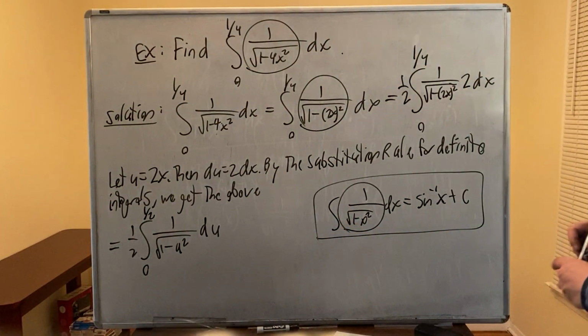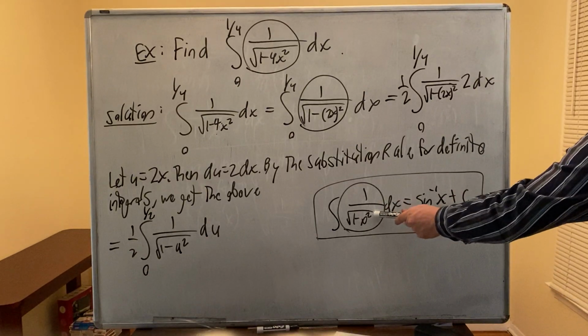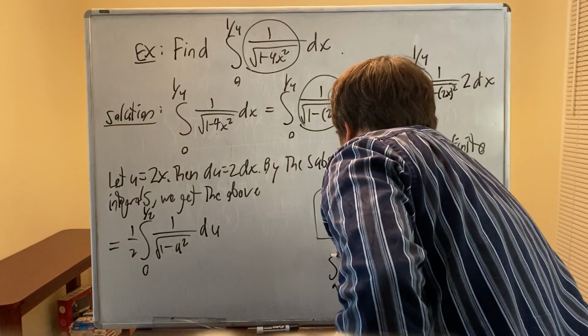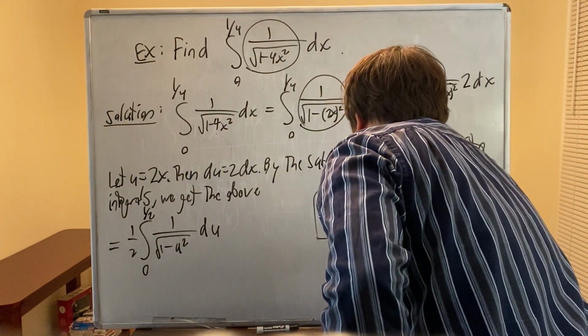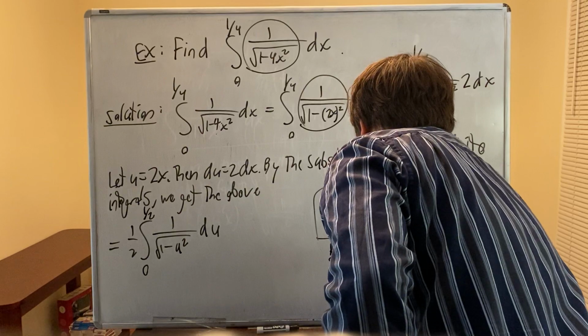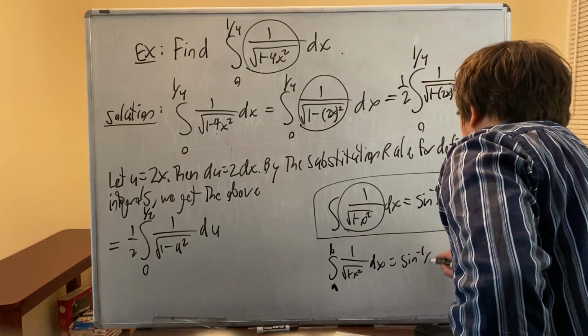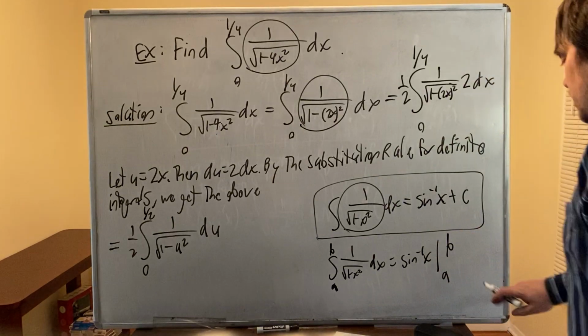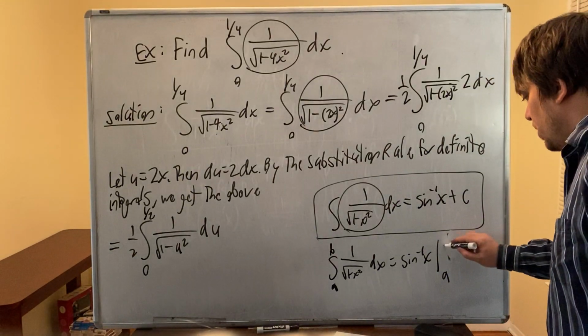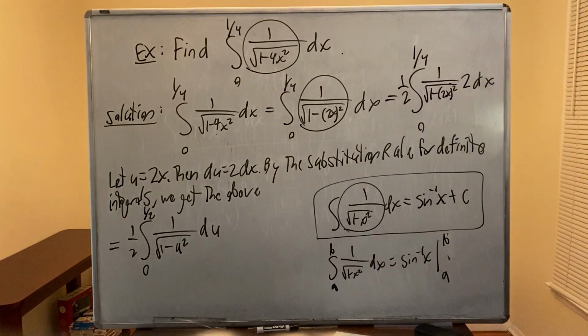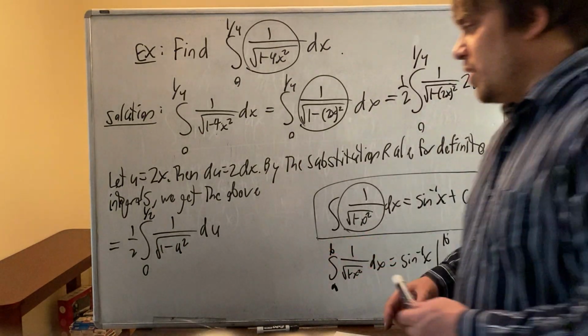Okay? So now we have that definite integral. And so we have this improper integral here. This tells you that the definite integral from a to b of 1 over the square root of 1 minus x squared dx is equal to sine inverse x evaluated from a to b by the fundamental theorem of calculus, because this is an antiderivative of the integrand. Now the variable is just u instead.